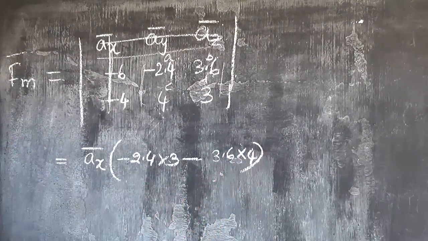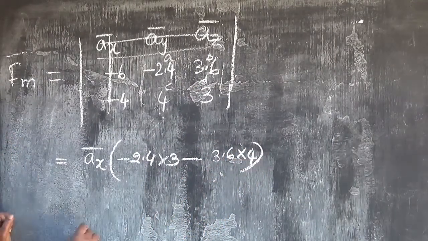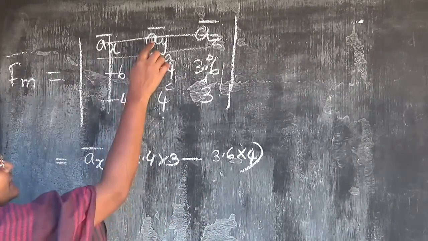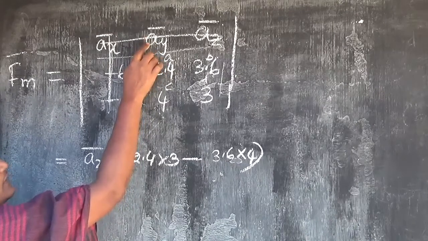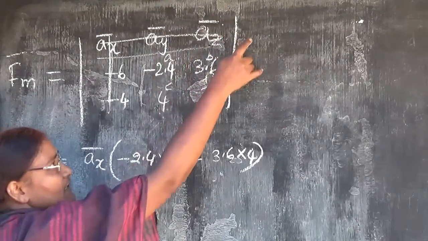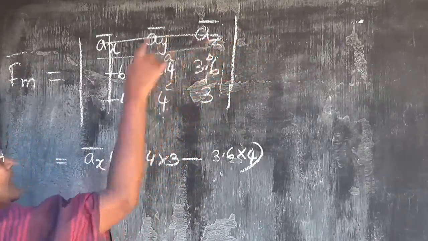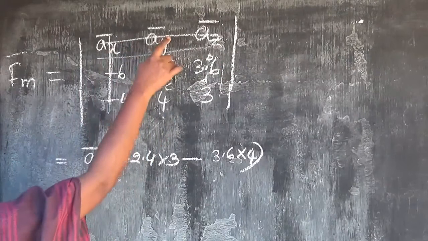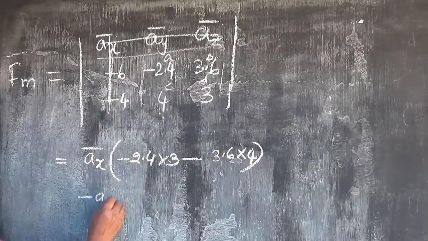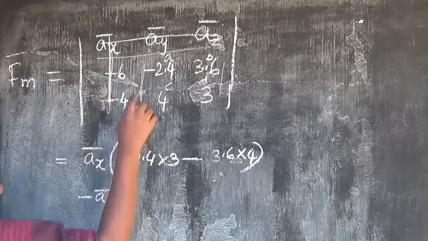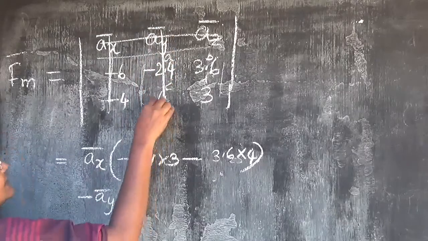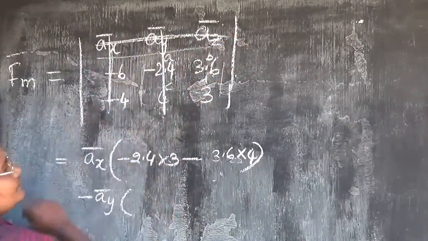So this is the first term in the expansion of the determinant. For the second term, what coefficient do we have to write? We have to write a minus. For the third one, plus. If there is a fourth one, then we have to write a minus. So plus and minus, plus minus alternately we have to take. So minus Ay bar into, to solve this Ay bar component, we have to delete this column and this row.